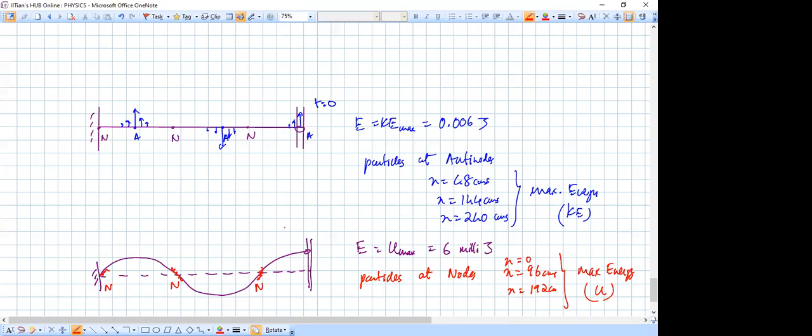So this is the snapshot picture at 1/4 of a time period later, or you can write it as 1 upon frequency into 4.